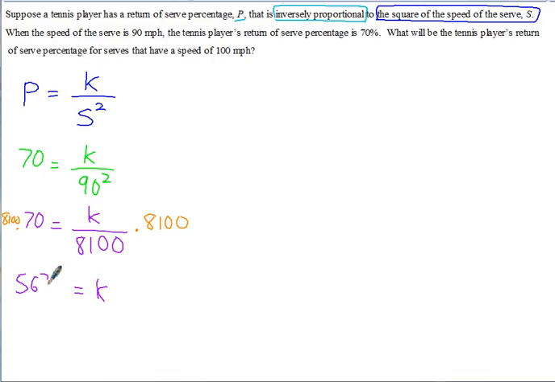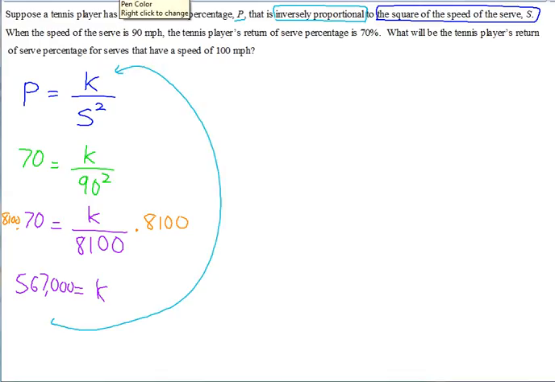So 567, and then add the 3 zeros. So 567,000 is our proportionality constant here. So P would equal 567,000 divided by S squared.